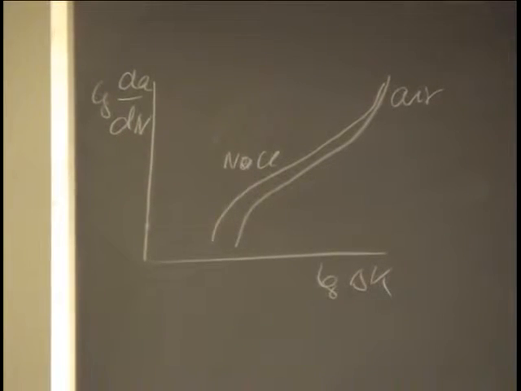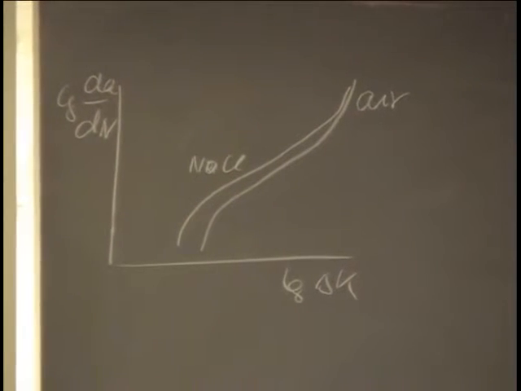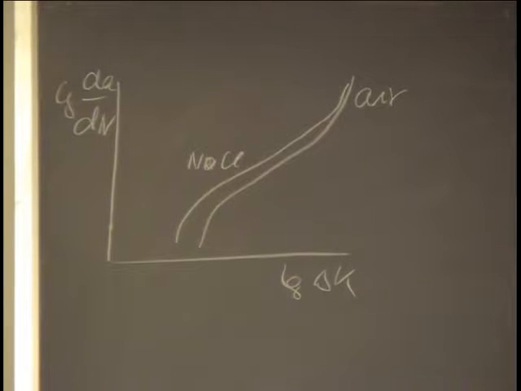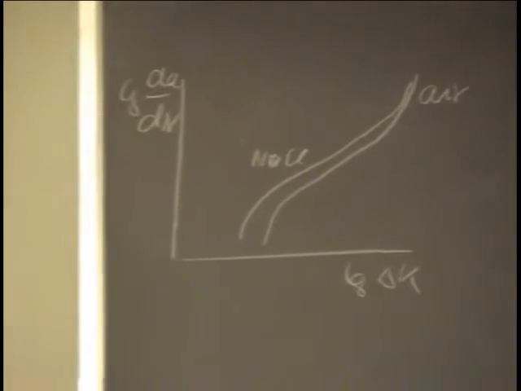Why do they converge at higher rates? Any idea? What you have here is corrosion fatigue, and corrosion is a time-dependent effect. At higher crack propagation rates, there's less and less time for the electrochemical effect to be effective.